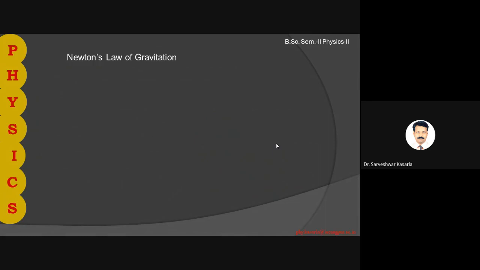So Newton's law of gravitation can also be put in the form, say like this. Let us have masses say capital M and small m. We are going to see capital M in this chapter. We take it as the mass of Earth, and small m is the mass of any other object. So Newton's law of gravitation can be put as F is equal to GMm upon r square.